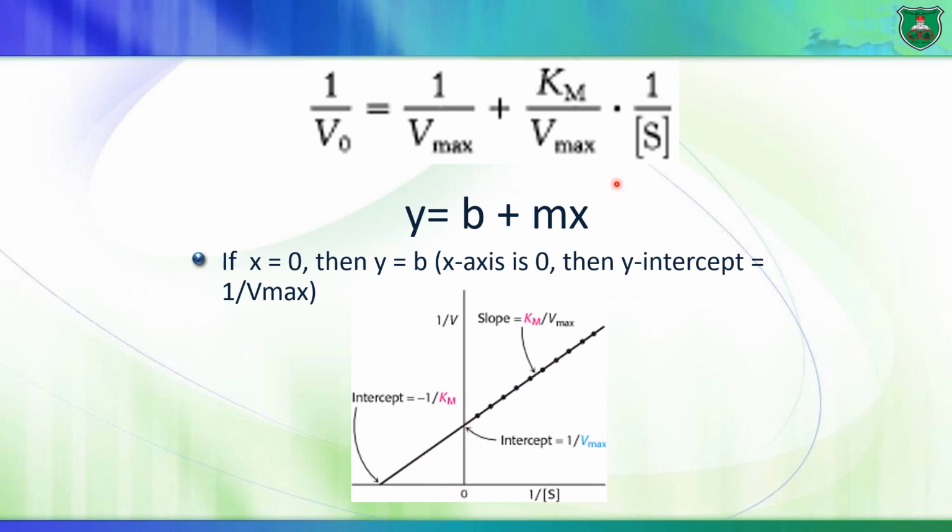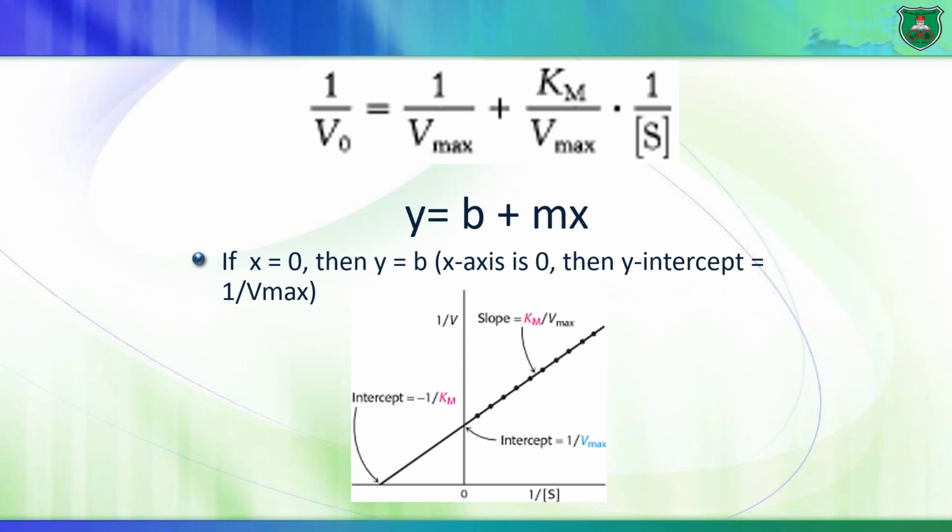If X is 0, it means that this whole value is 0, right? Again, hypothetically. It means that 1 over V would be equal to 1 over Vmax. So this point right here actually represents 1 over Vmax, the value of 1 over Vmax.